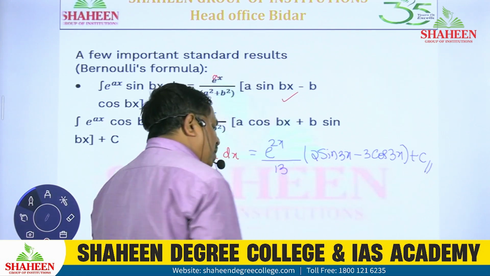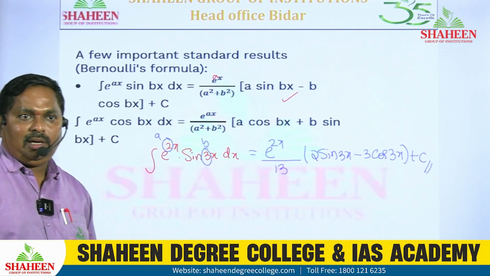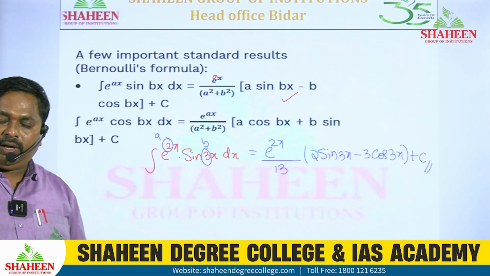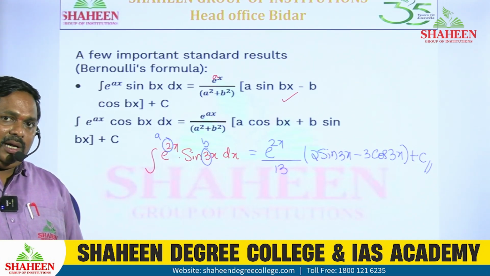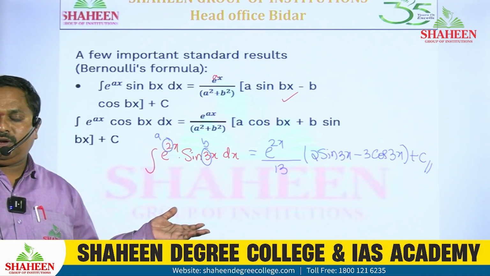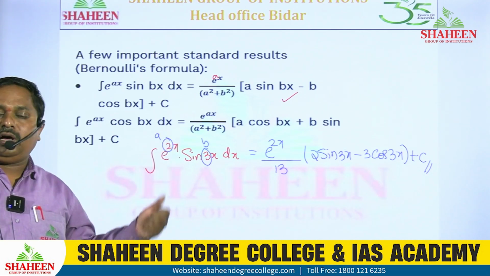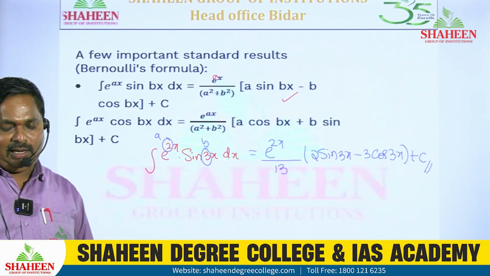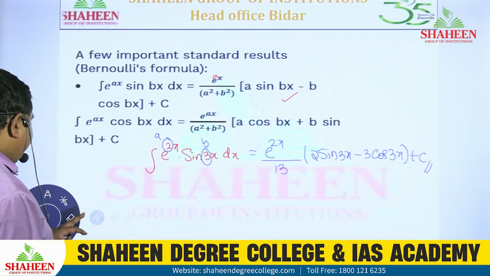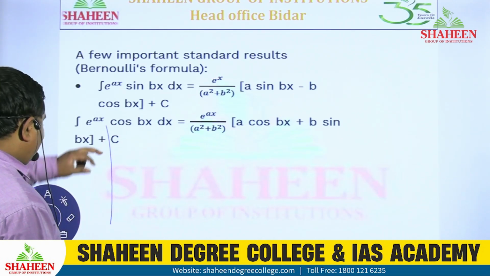So in one step we can answer the given question using these Bernoulli's formulas. If you remember this formula, within 30 seconds we can answer this kind of problem. So formulas are very important in integration. Okay, so let us move to the next concept.